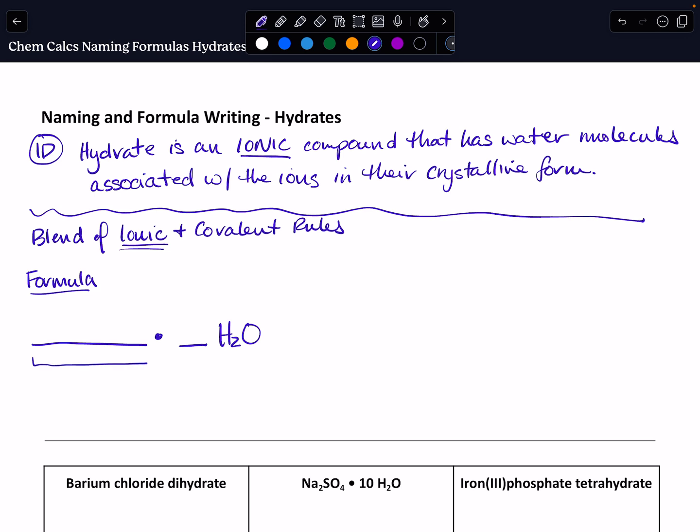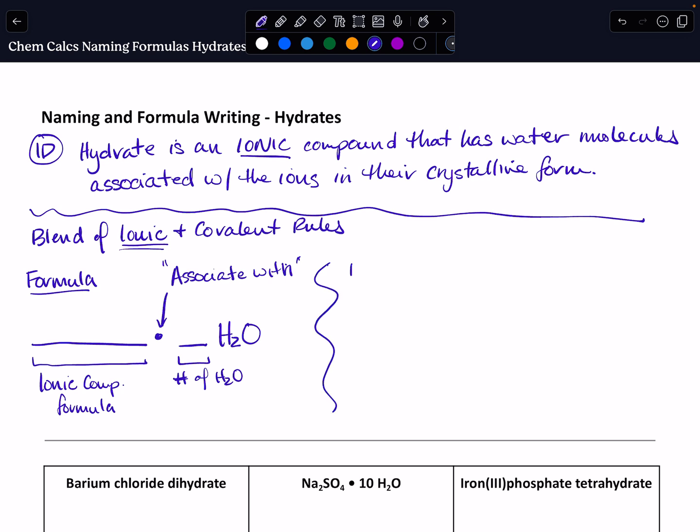This portion is the ionic compound formula, this is the number of H2O molecules associated within that crystal, and the dot stands for associated with.